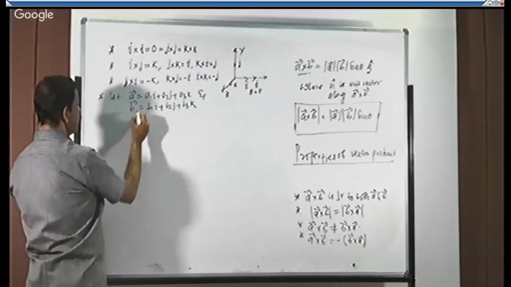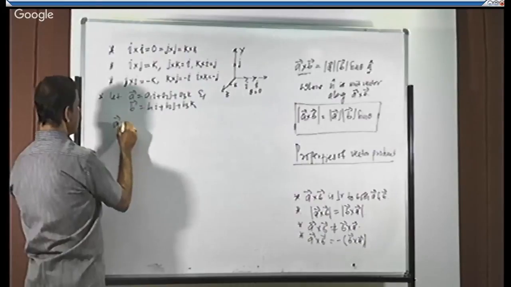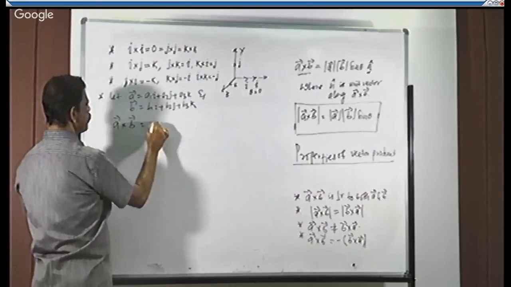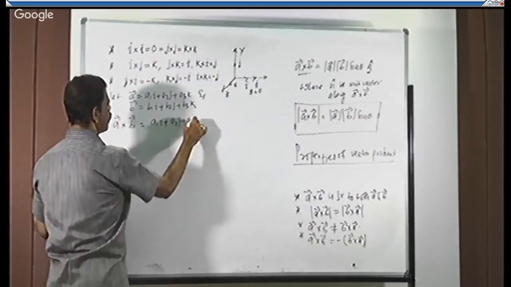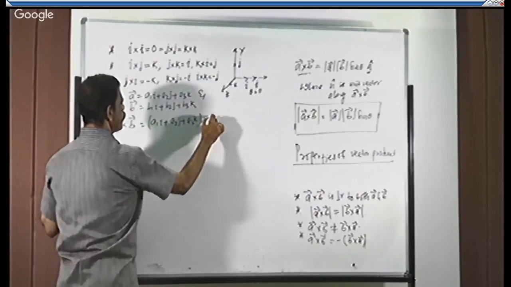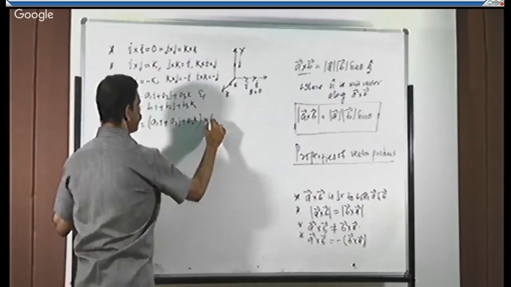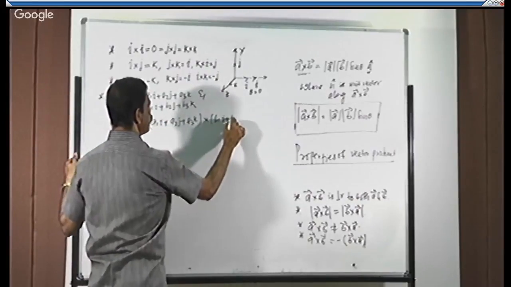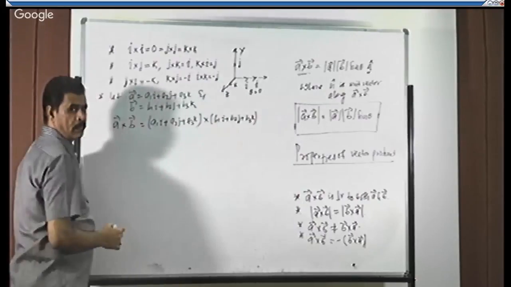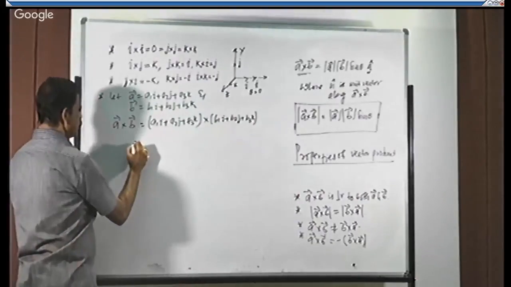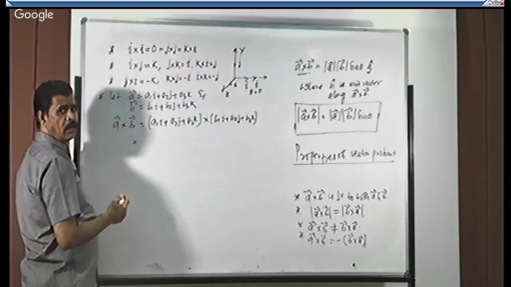So if I multiply these two, A cross B is equal to A1I plus A2J plus A3K into B, what is B? B1I plus B2J plus B3K. How to multiply it? It is an algebraic operation.